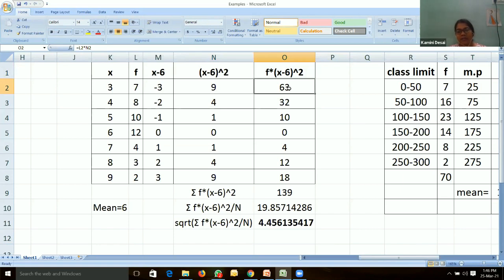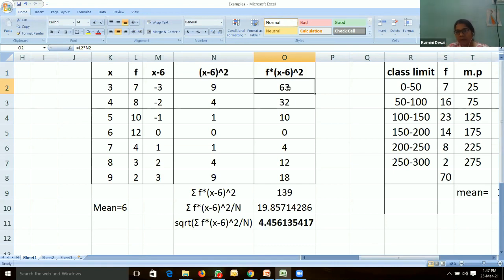Whenever we have the frequency and the number of observations for that X value, you have to use this formula. If the data is individual, meaning X is equal to 1, 2, 3, 4, 5, then before we used summation D square upon N and summation D by N square.